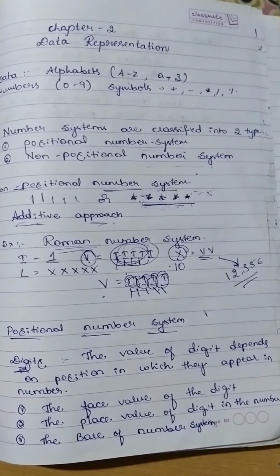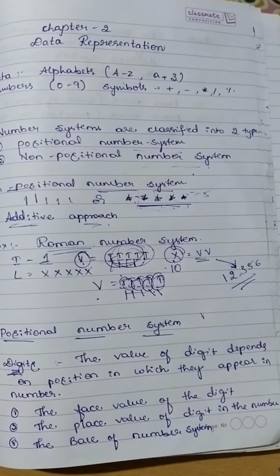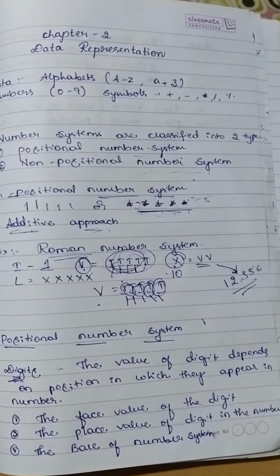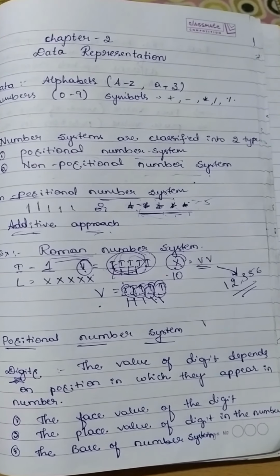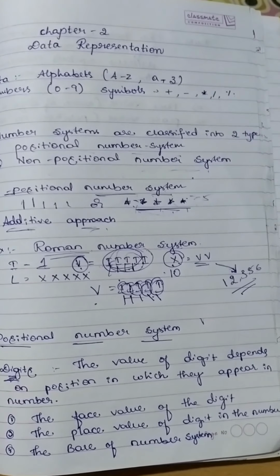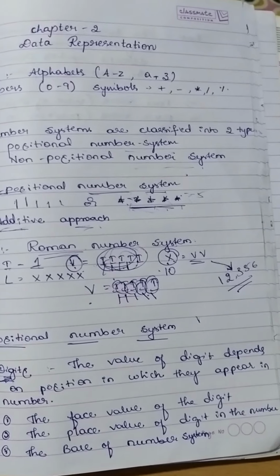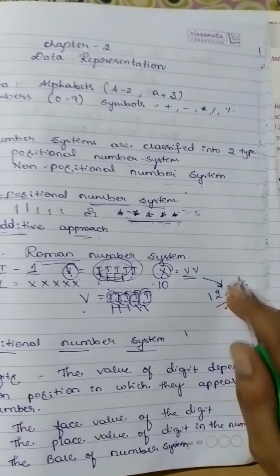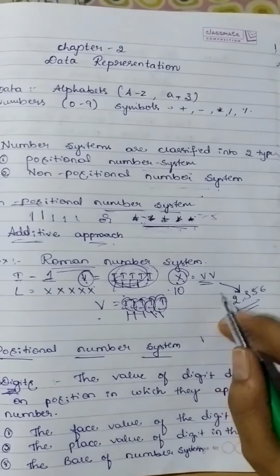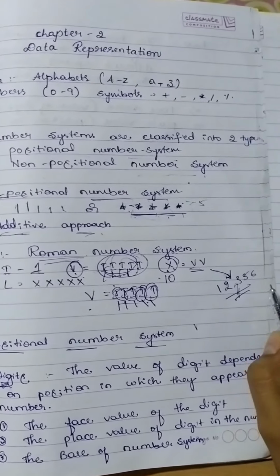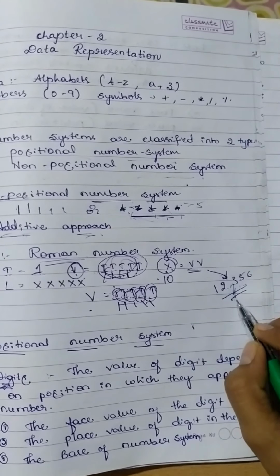A digit is a well-defined symbol, so digits can be used to represent any large amount of numbers or data. So in this example, 12,356, you can see the value of 3. Where is it present? From units, tens, hundreds. So the value of 3 is the hundreds value.